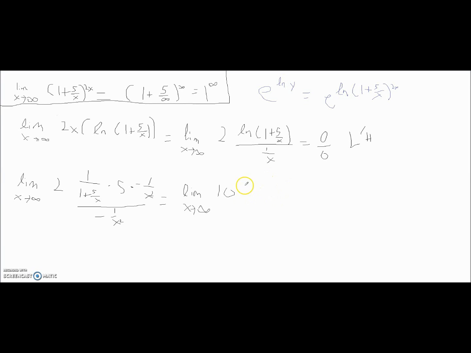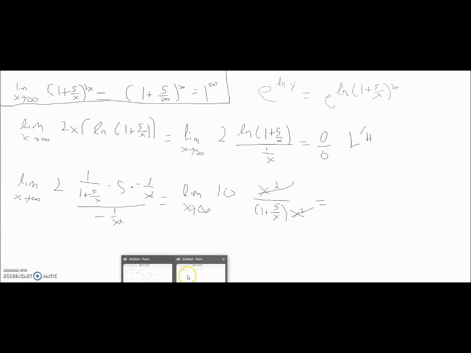Then we will pull this x squared to the top, because with a 1 over x squared, the x squared is on the top. 1 over 1 plus 5 over x, we'll just put that on the bottom to make things easier. And then we have this x squared on the bottom. Now things have gotten really nice. We can cancel our 2 x squareds.